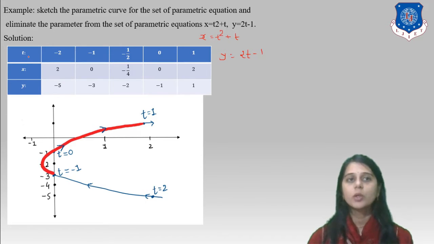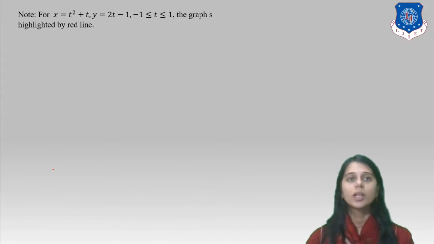If we put the values of t, we get different values of x and y. In the Cartesian graph we see that the red line is a parabola curve for the t values. So x equal to t square plus t, y equal to 2t minus 1 is the graph highlighted by the red line.